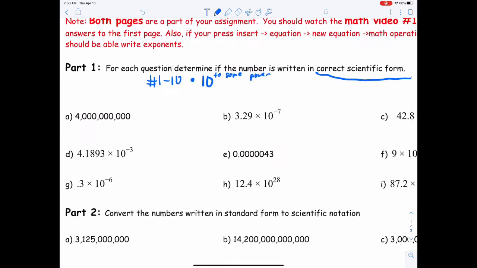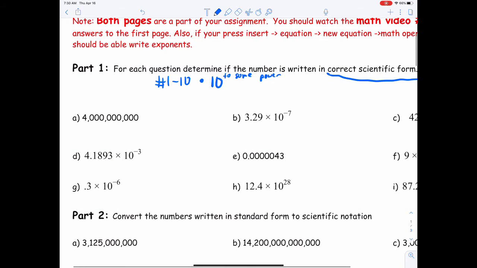Every scientific notation thing will look like that. So here's an example. Pick any number between 1 and 10. My favorite number between 1 and 10 is 3. So 3 times 10 to the 8th power. That would be written in scientific notation.